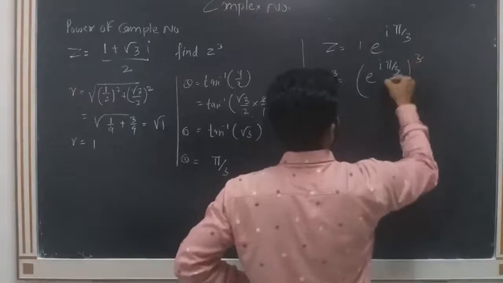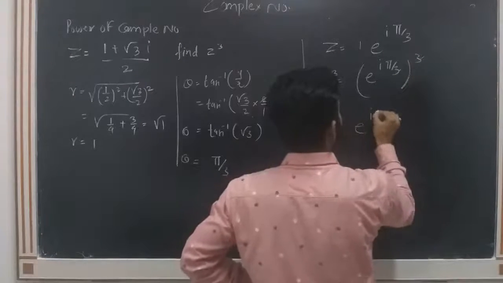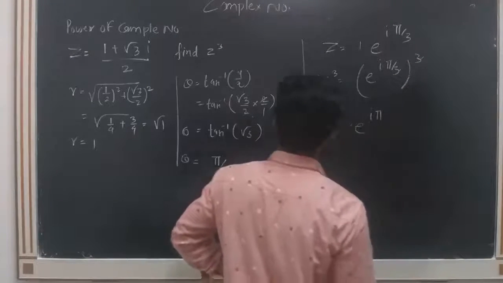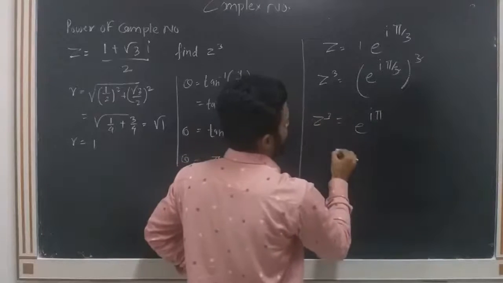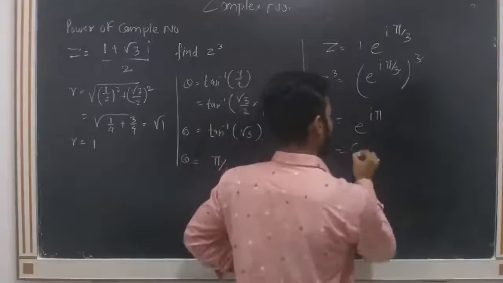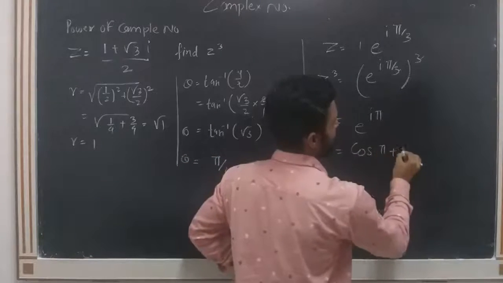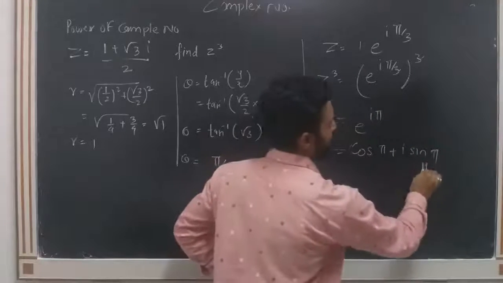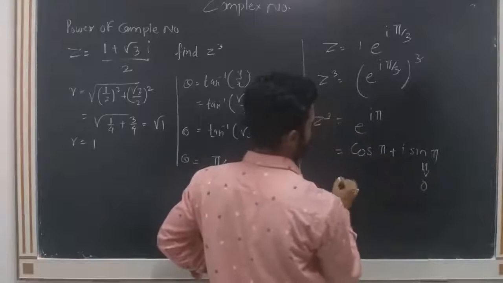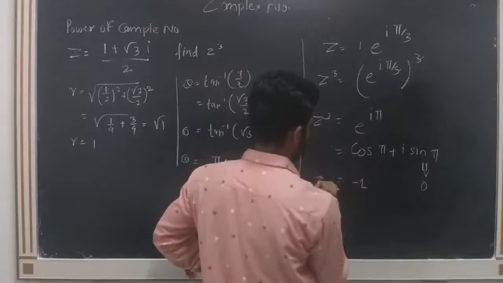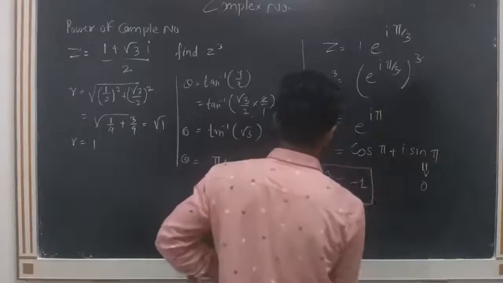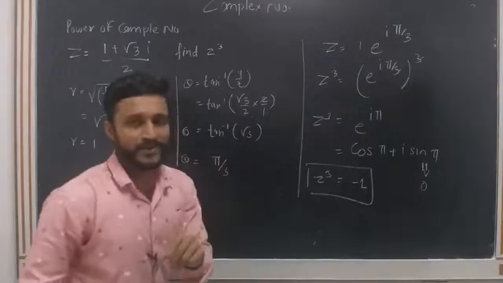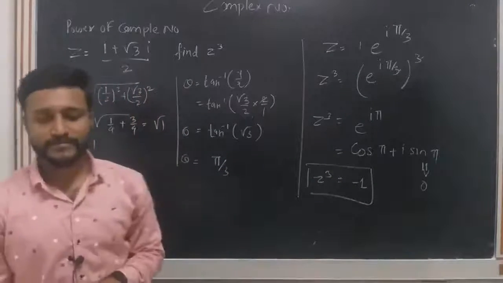So this 3 gets cancelled, you will get e raised to i pi. So e raised to i pi we can write cos pi plus i sin pi. Sin pi is 0, cos pi is equal to -1. So this is the value of the third power of the given complex number.